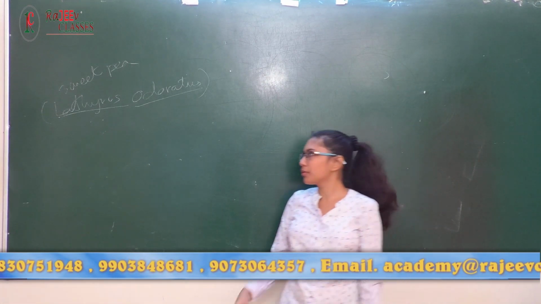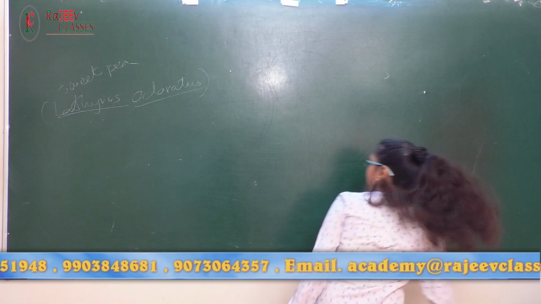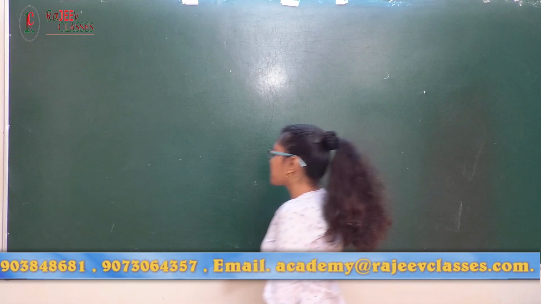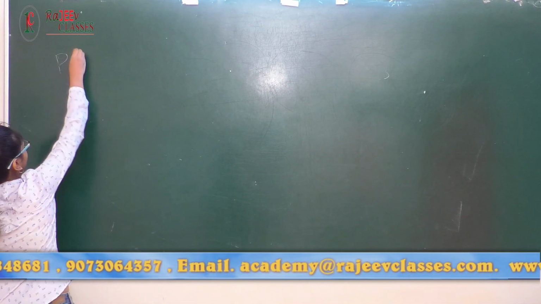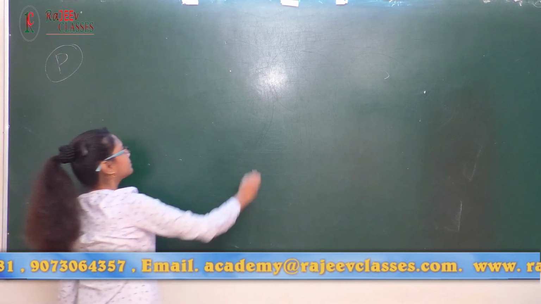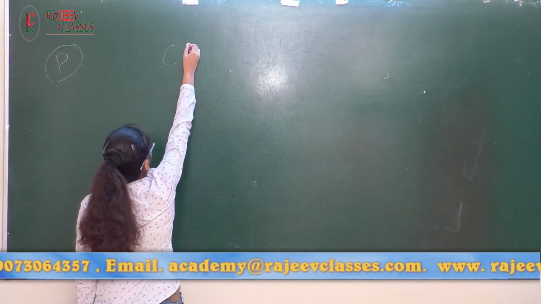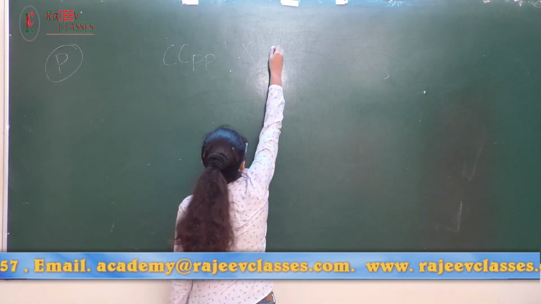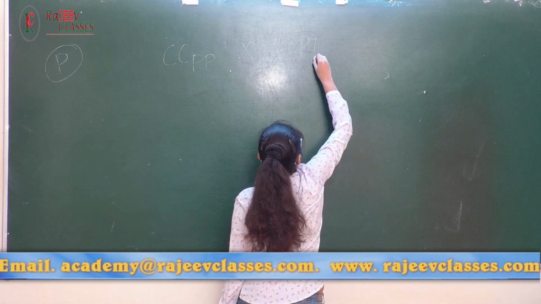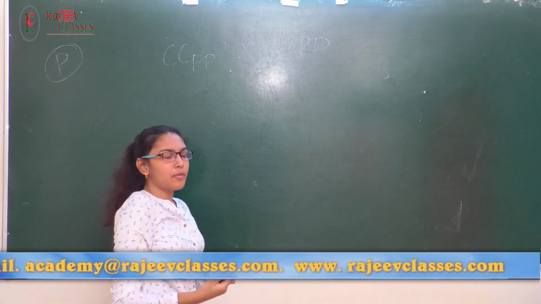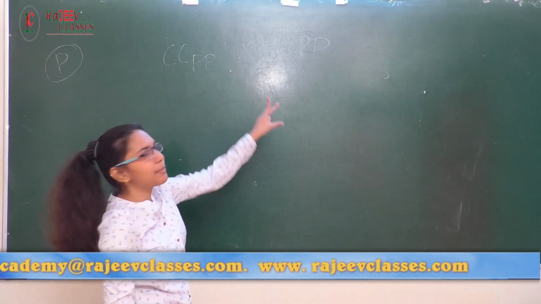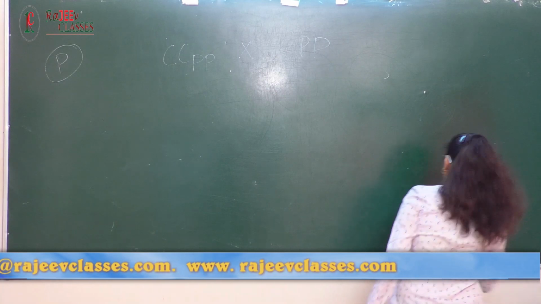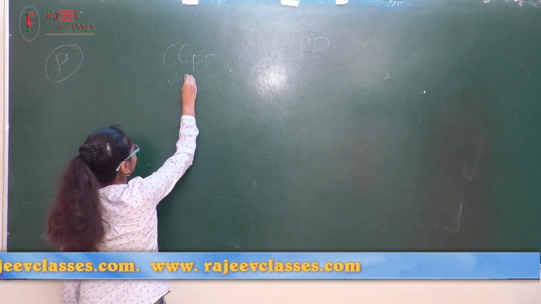So, if we move on to the cross now, in the parent generation, I am crossing a plant with capital C, small p, with a plant with small c, capital P. From what I have told you before, since in any of these plants, capital C and capital P are not present together, they're both going to be white.